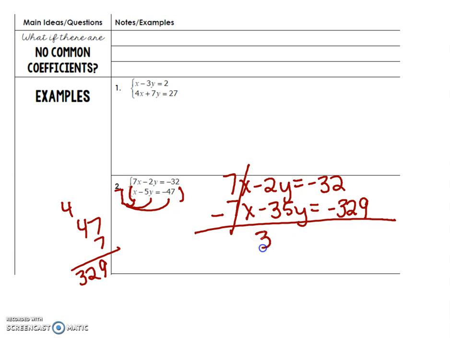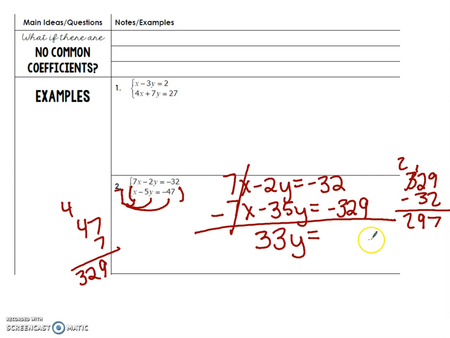So we get 33y equals, now we have to do negative, so it's kind of like adding 329. Okay, I'm going to do some side math to make sure we don't mess up here. Uh, 297, and it's going to be positive 297.